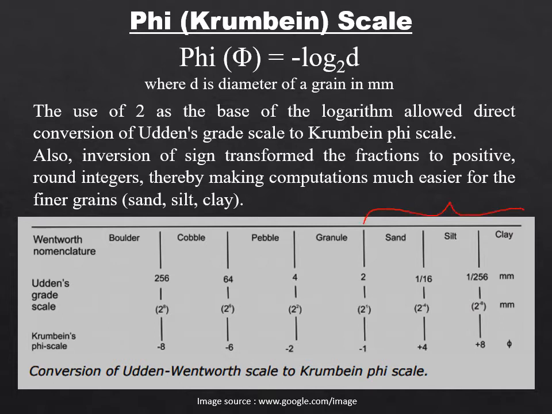These are the most frequently encountered sedimentary grains in nature. The higher side, above sand size, is relatively rare. So geologists deal less frequently with gravel size grains compared to sand, silt and clay size particles.